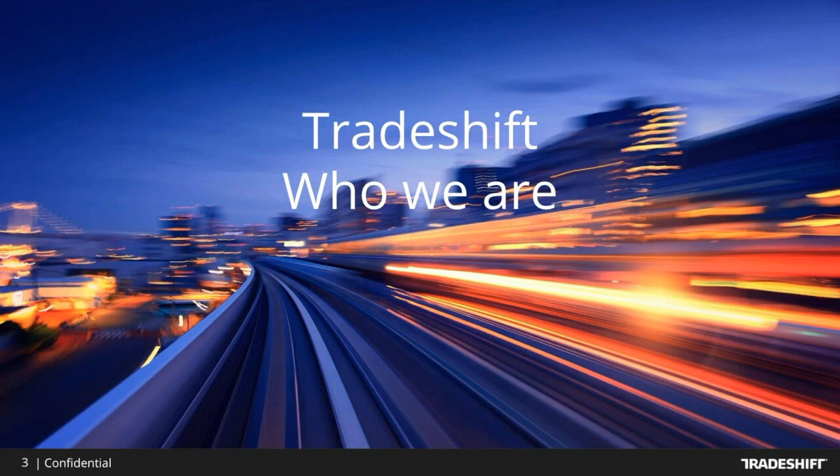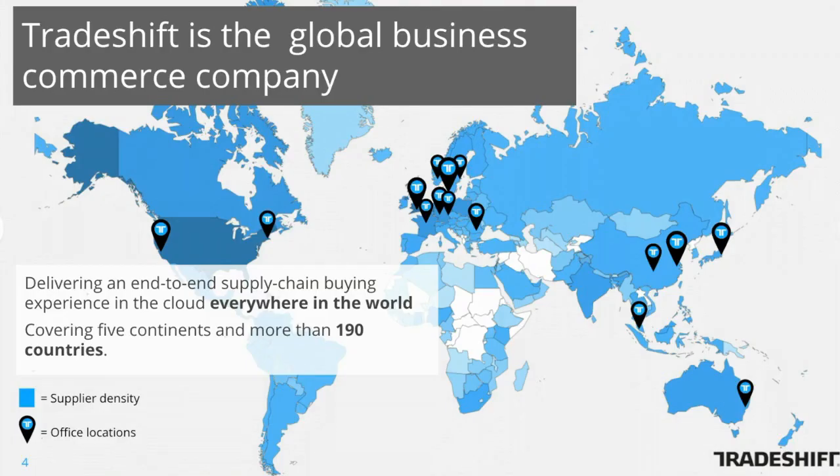First, some information about Tradeshift and who we are. Tradeshift is the global business commerce platform. Just as LinkedIn connects people on a global network, Tradeshift connects businesses, offering a truly global network that allows buyers and suppliers to securely connect and share information and business transactions via an end-to-end cloud-based supply chain experience.